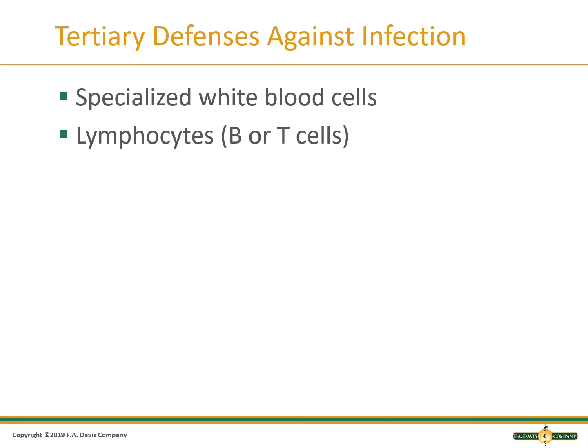When pathogens are found, the B and T cells signal phagocytes to destroy the invaders. The B and T cells have a major role in the antigen-antibody response. So look at tertiary as the third line of defense. It's inside the body, and it's those ninja B and T cells, okay? Those are going to be what kills the pathogens.